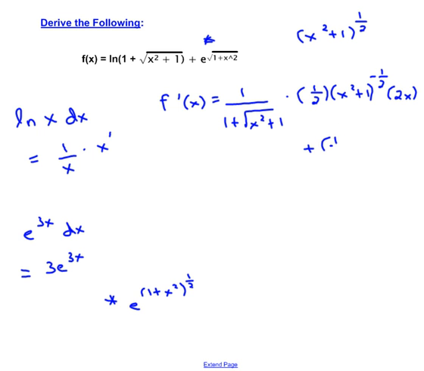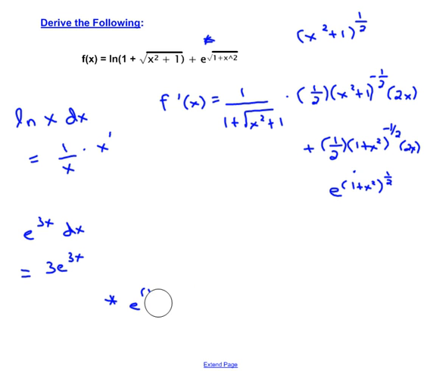So we'll have 1/2, 1 plus x squared to the negative 1/2 times the derivative of the inside, 2x. Okay? And what are we forgetting? The original expression multiplied by e to the original expression, which was 1 plus x squared to the 1/2.